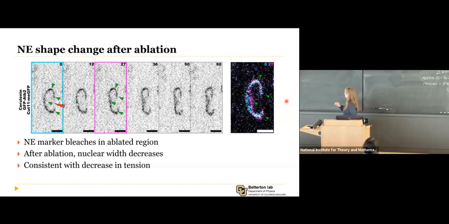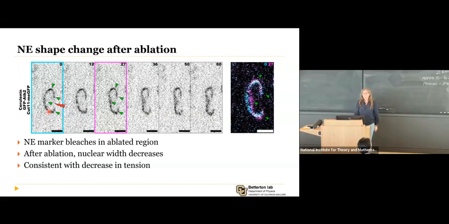Before we do quantification, I just want to show you some imaging showing what happens after ablation when you look at a nuclear envelope marker, okay? So this is with cut11 GFP, like I showed you before, that stains the nuclear envelope.